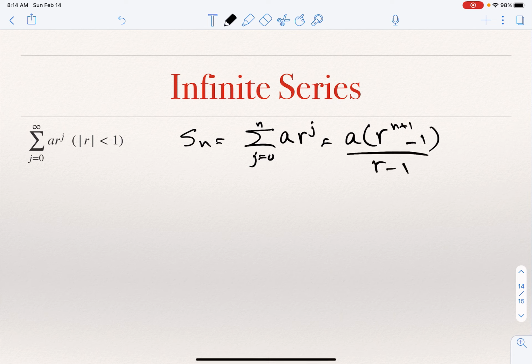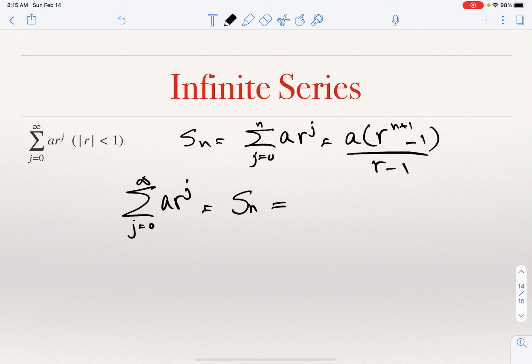So the summation from j equals 0 to infinity of a r^j is basically S sub n as n goes to infinity. What is this value here?